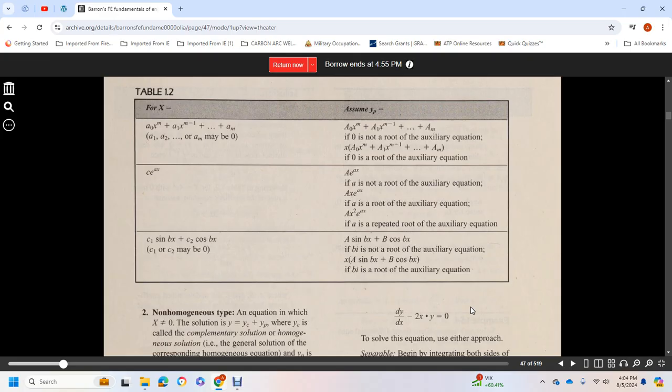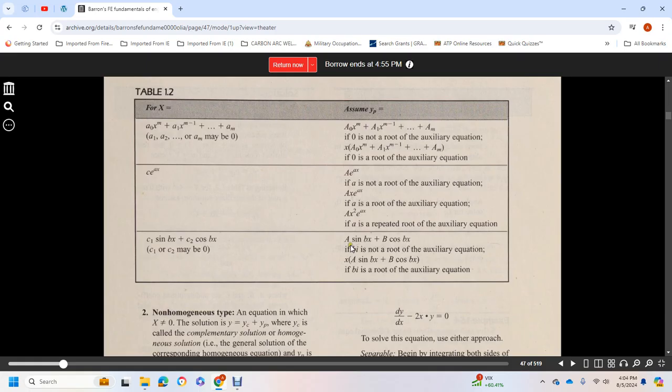If a is a root of the auxiliary equation, A x e to the ax. If a is a repeated root of the auxiliary equation, A x squared e to the ax. c1 sin bx plus c2 cosine bx, where c1 or c2 may be 0.